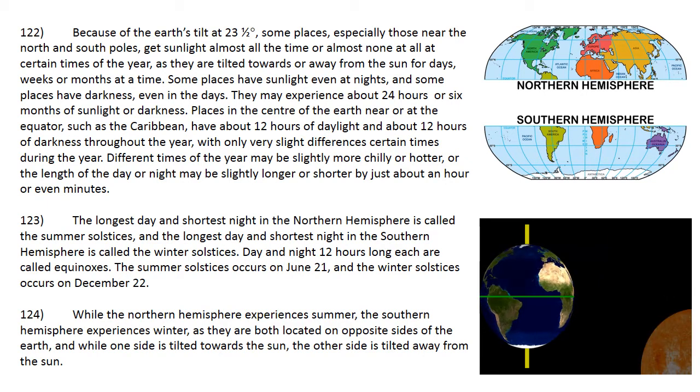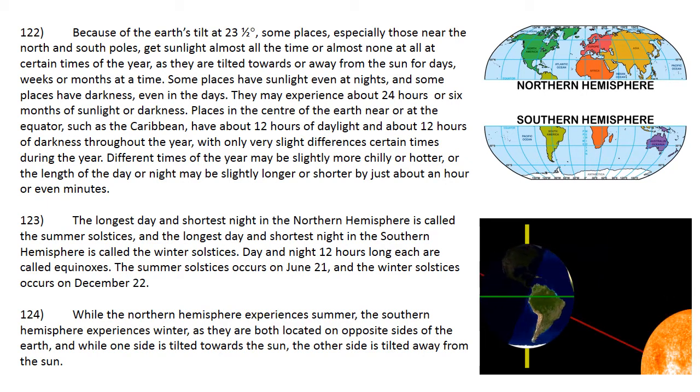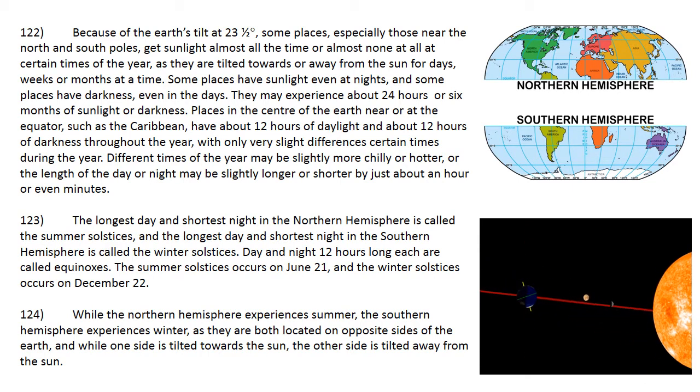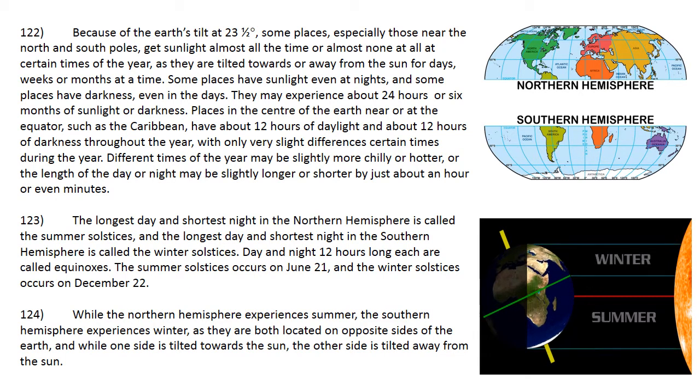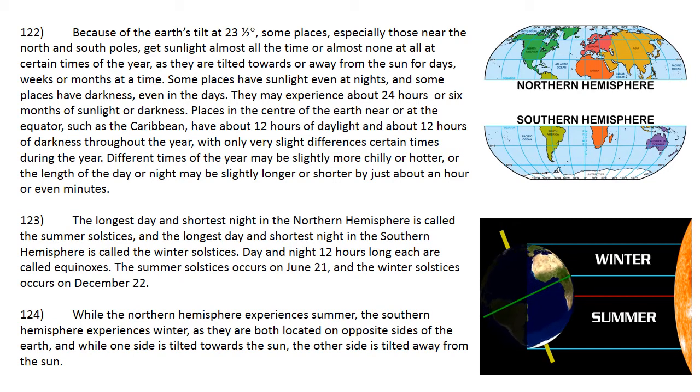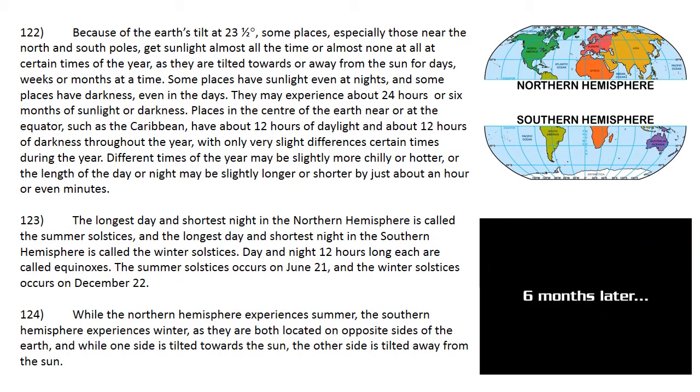So places near the poles may experience somewhere between 24 hours to 6 months of total darkness or total light during the year.